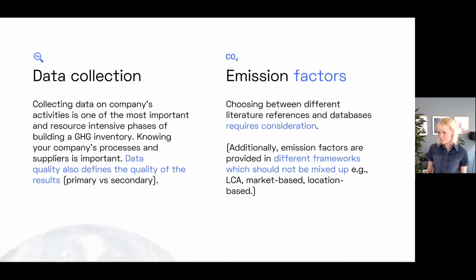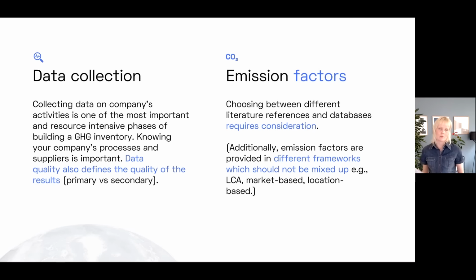And additionally, there are different frameworks that provide different kinds of emission factors. For example, in scope assessments, we need to use different kinds of emission factors for different scopes. But when we're assessing the product carbon footprint, we should always use the life cycle assessment method for the emission factor.